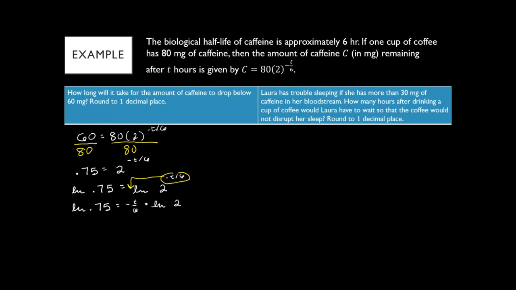So we're trying to get t by itself. I'm going to multiply both sides by 6 to get rid of that 6 in the bottom. And I'm going to multiply by negative because I have a negative in front of it. So I'm just kind of squeezing those in.